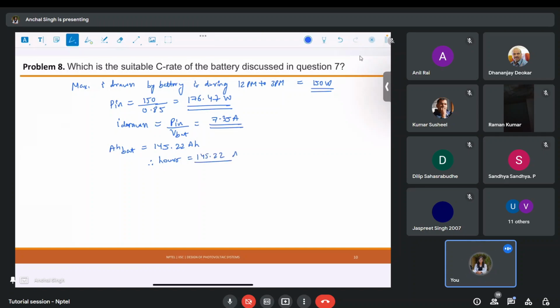I just divided 145.22 ampere hours by the peak current. It will give me 19.75 hours. So this is almost like you can take it as 20 hours. So the C rate that is desired, and the standard C rate battery available closer to this, will be a C20 rate battery.